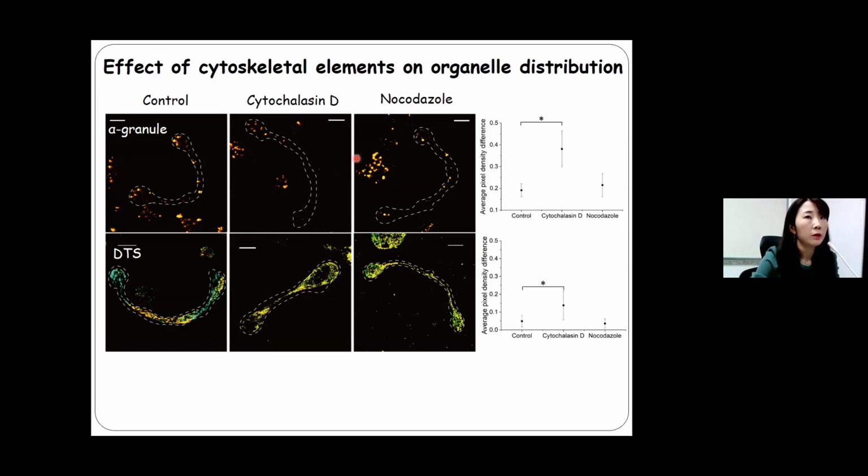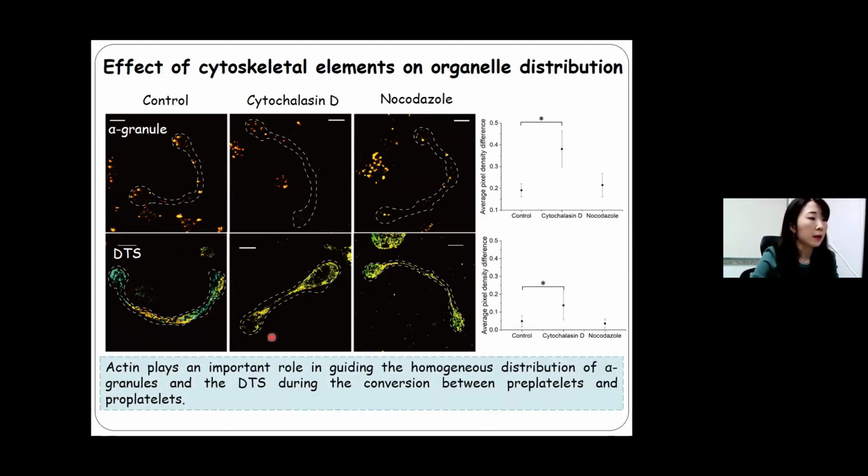To test this, we depolymerized the actin or microtubule by using cytochalasin D and nocodazole. And from this test, we could observe that when we depolymerized the actin by using cytochalasin D, alpha granules and DTS showed biased distribution.